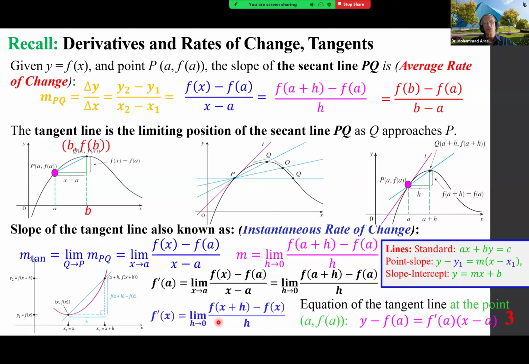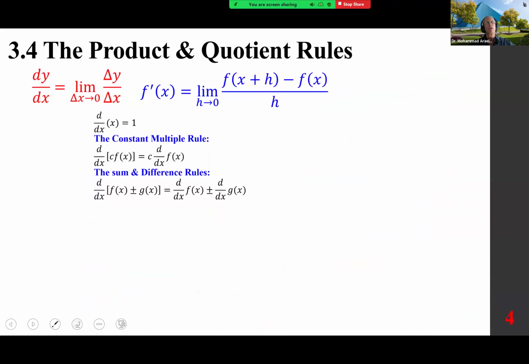This is the derivative function, and it becomes the slope of a tangent line at a specific point, for example a, when you fix the value of x at that point or replace it with that number.